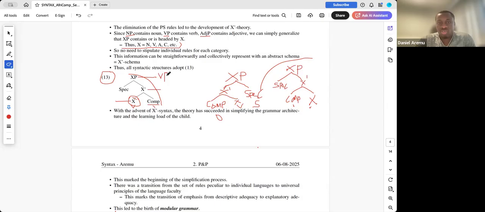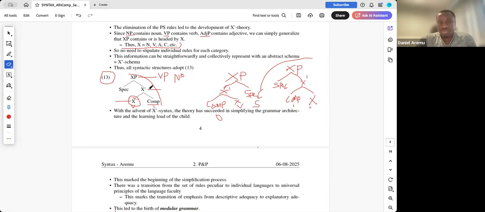Remember, we're using X to just represent all the possible categories. If your X is like an N, then this will be an NP, you see? So the head is actually what projects to give you what your phrase looks like.